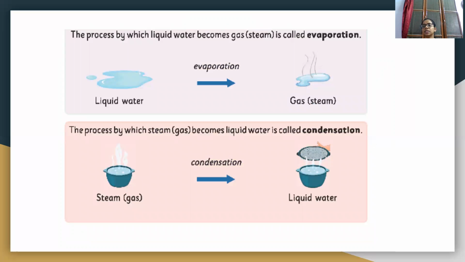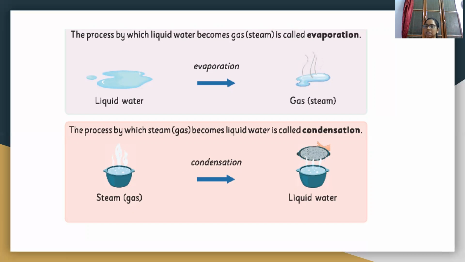Next, the third process is called evaporation. A simple example, if your mother is going to boil water, okay, so at that time the water is going to boil, right?